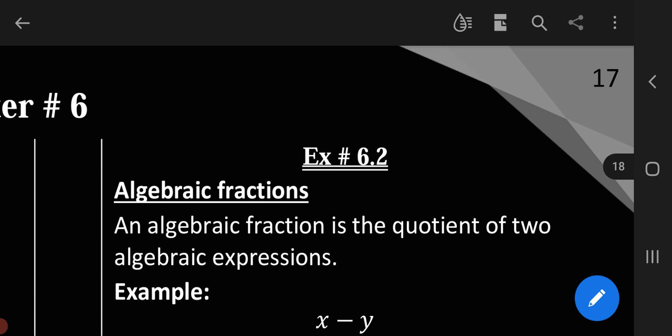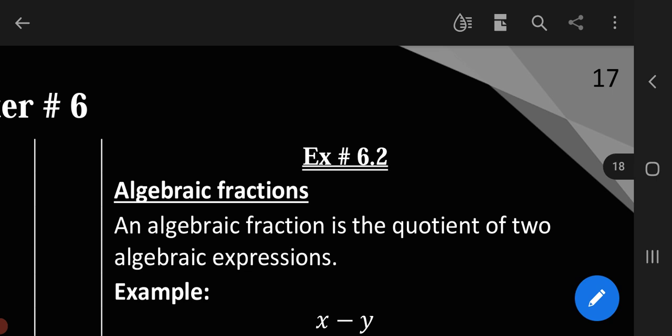And secondly, in an algebraic expression it is not confined that the power of the variable should be a whole number, as we already know that in a polynomial the power of the variable must be a whole number.